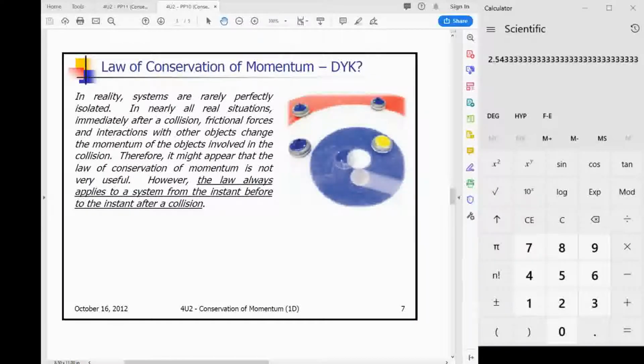So it says here, in reality, systems are rarely perfectly isolated. In nearly all real situations, immediately after collision, frictional forces and interactions with objects change the momentum of the objects involved in the collision. So just to comment on that, now we talk about conservation of momentum. We've been talking about it where we have a collision and we say what's the situation afterwards.